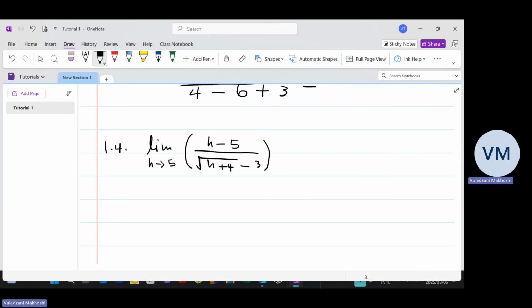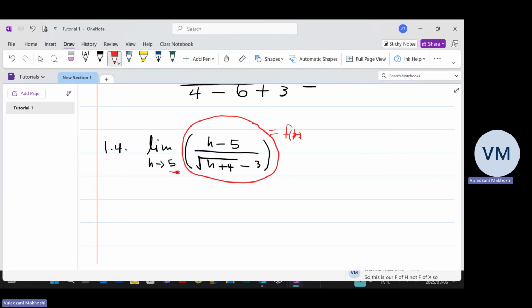like that. Again, before we do anything, we ask ourselves, is 5 in the domain of our function? By the function, we are referring to this. This is our function. This is like our f of x, all right? So we are asking whether this 5 is in the domain of this function. In other words, when we substitute h, so this is our f of h, not f of x.